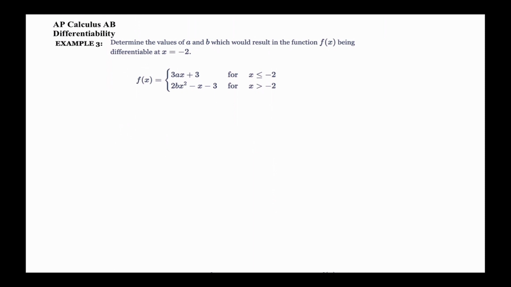Okay, example number 3 is exactly the same, but they want us to say, hey, determine the values of a and b, which would result in it being differentiable. So a and b are numbers, values. They're not variables, okay? So it's saying it is differentiable at negative 2. What are a and b going to be to make it differentiable?